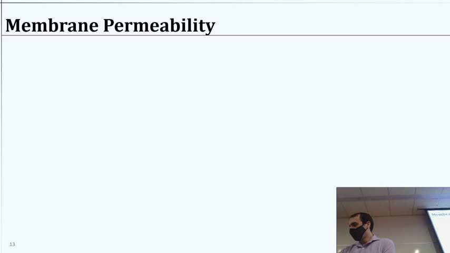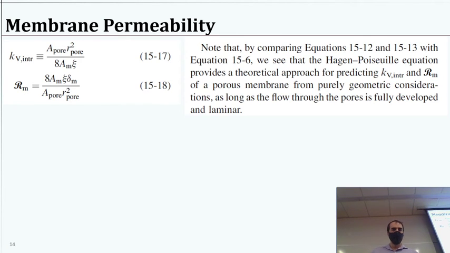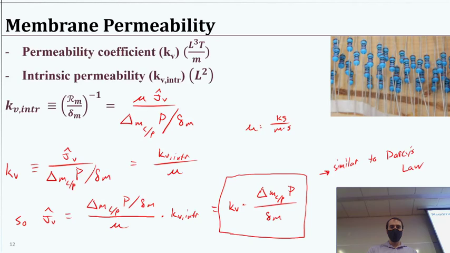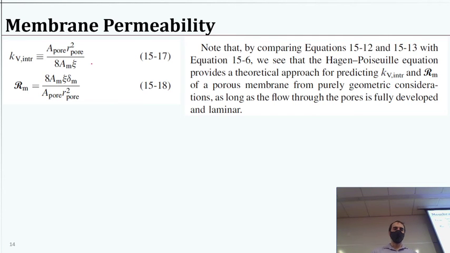And we can take a look at the equations that the book provides here, and say, okay, well, this intrinsic permeability, we can define it then, because we had that relationship here with the flux. We can then relate the intrinsic permeability to the capillary action that we were talking about earlier in the lecture. So that's what they're doing here.